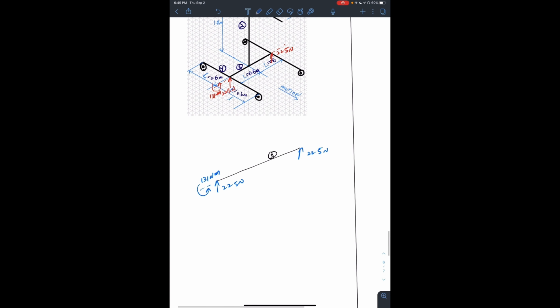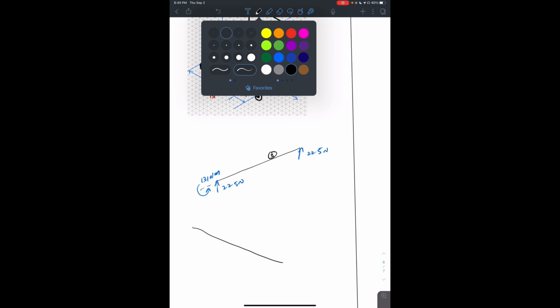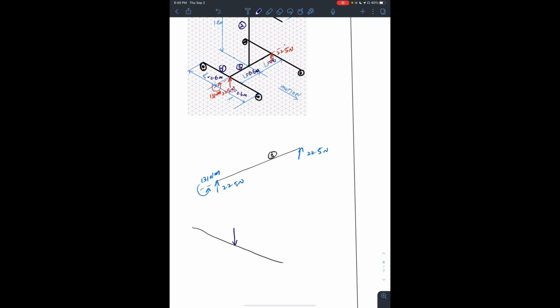So therefore on beam 4, the forces will be equal and opposite. So it will be 225, and the moment will be equal and opposite to this. So it will actually look like this. 131 newton meter. So this is beam 4.